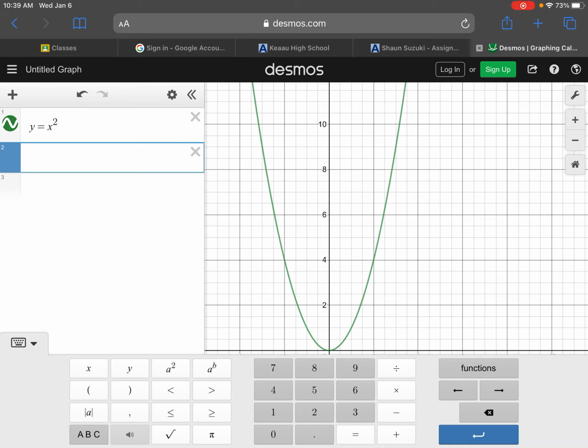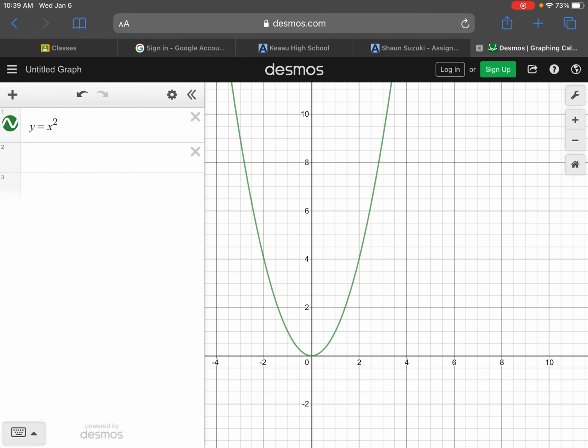If we're looking at 2, then 2, 4 is our point here. I don't know why our point's not sticking there, but 2, 4 would be our point on the parabola at 2. Let's not even find the slope, let's find the average rate of change.